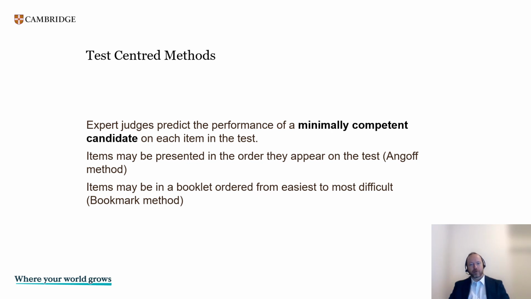Again, I'll allow you to go away and research those if you wish. I won't talk about them in today's presentation. But there are lots of different methods, and it does depend on how you're approaching the test and the standard setting.